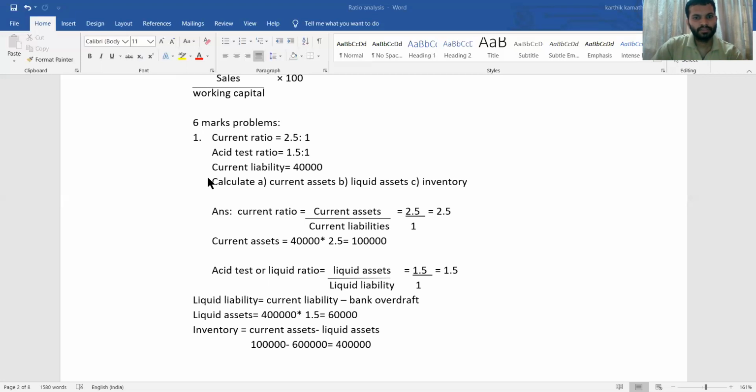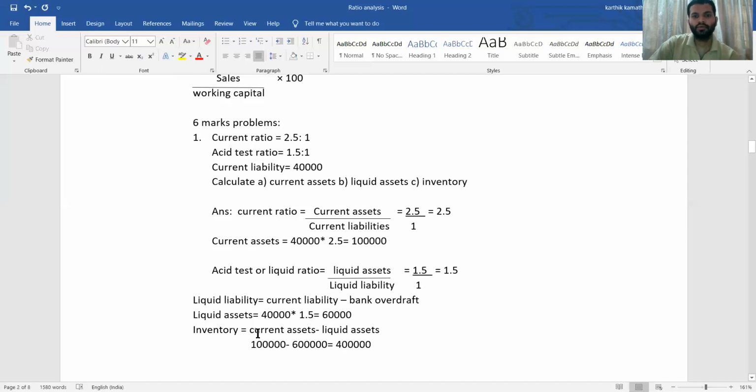So it is not 4 lakh. This is 40,000. So current liability I have changed. Before it was 4 lakh, but actually the current liability value is 40,000. So liquid asset is 40,000 into 1.5, cross multiplication, you will get 60,000.